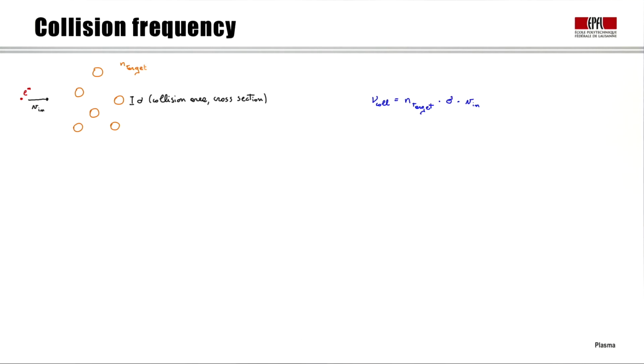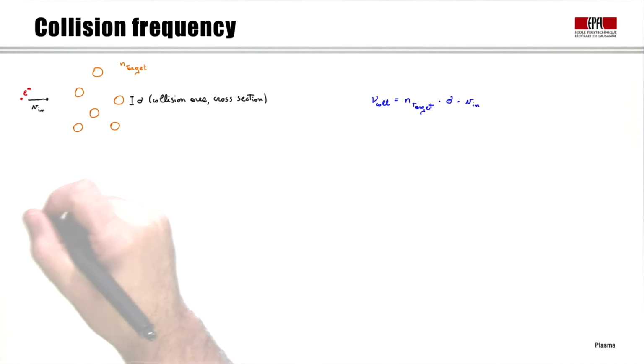Now, an electron moving throughout a plasma, what kind of collision can it have? Well, it can have collisions with neutrals.